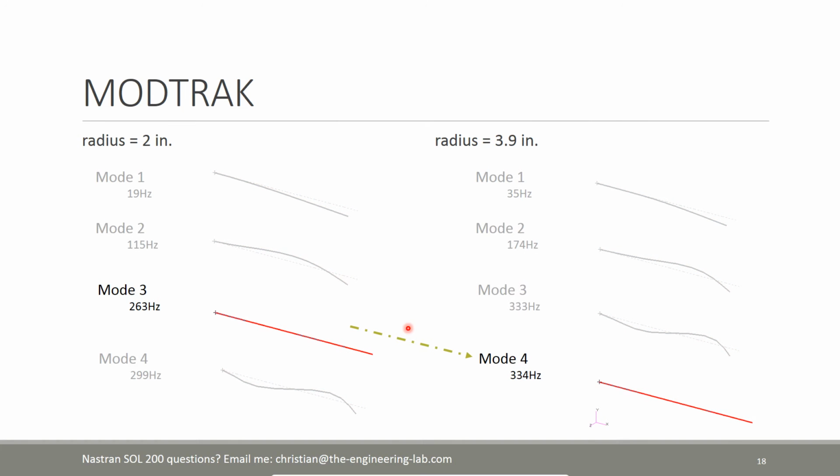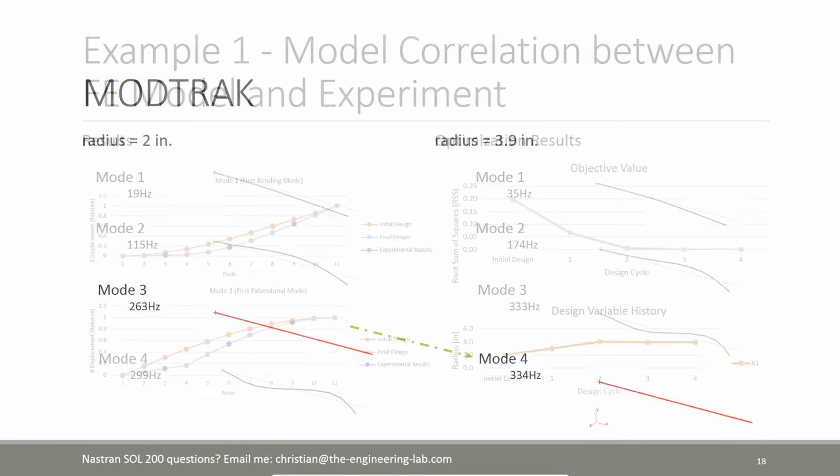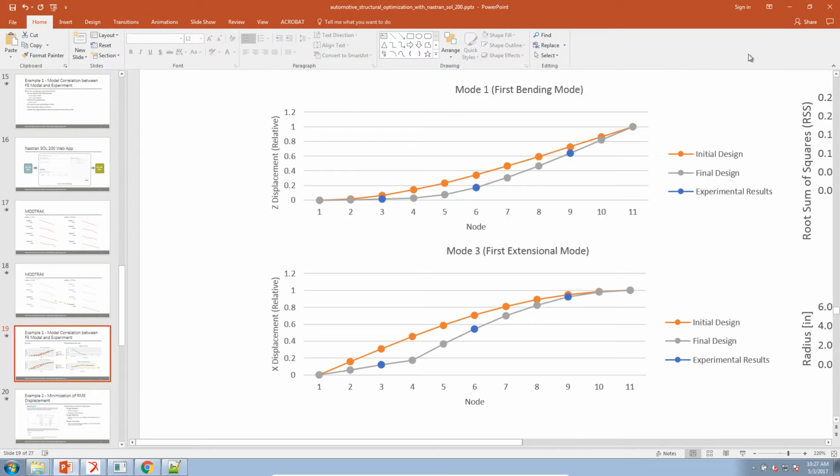What ModTrack does, if a mode shape were to have a higher natural frequency and its mode number changes, here in this case mode 3 becomes mode 4, ModTrack keeps track of this change. So the constraint that was originally applied to mode 3 follows the mode shape and is now being applied to mode shape 4. So now how do you do that in this example?